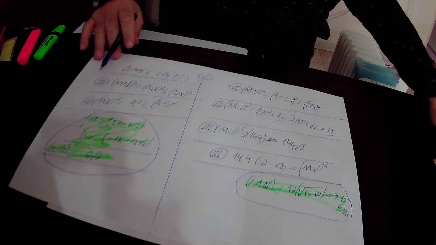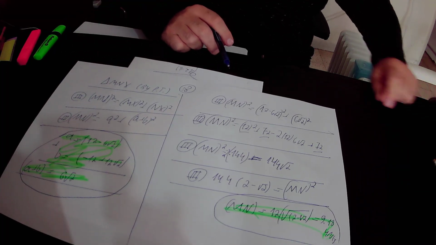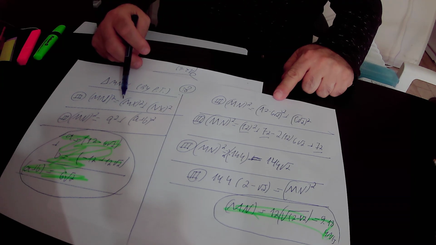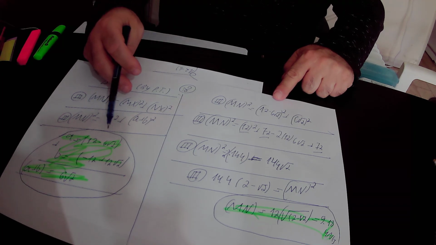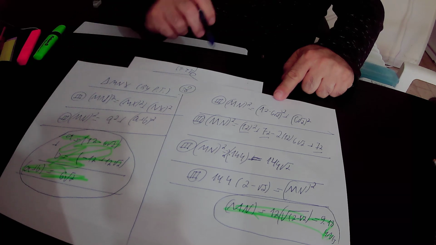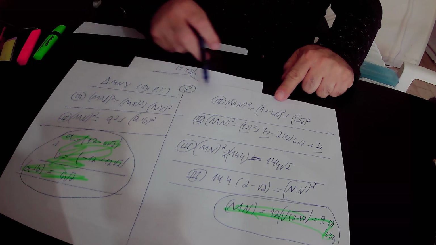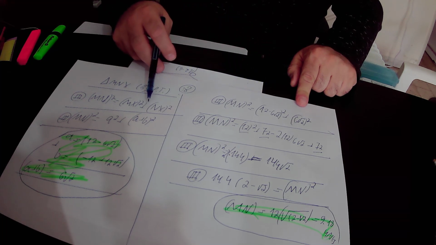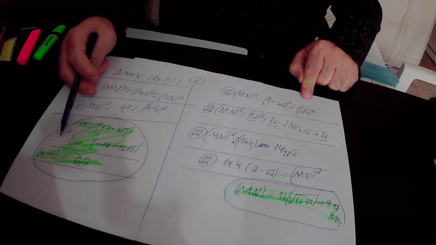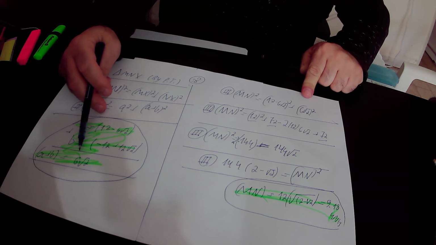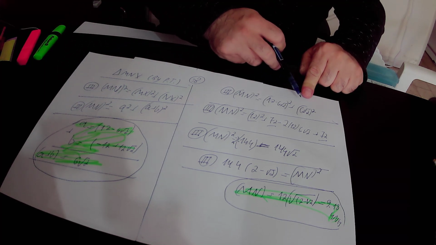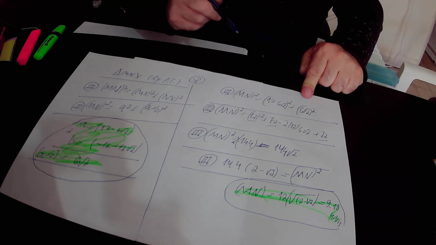So here we have MN squared equals A squared, that is (12 minus 6 times the square root of 2) squared, plus (A plus B) squared. We just found out that A plus B equals 6 times the square root of 2, so (A plus B) squared equals (6 times the square root of 2) squared.